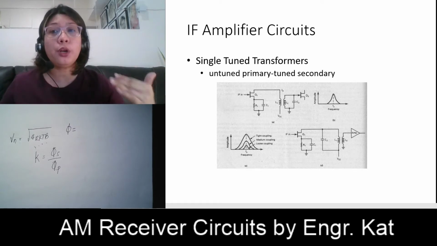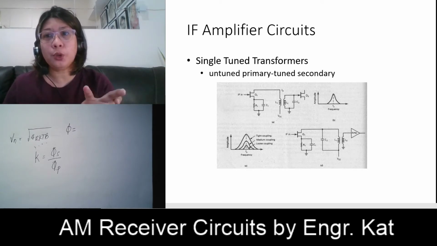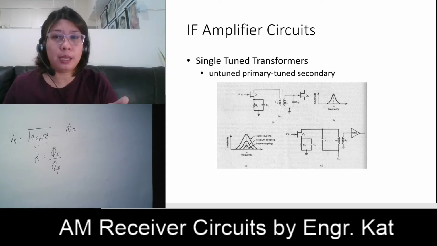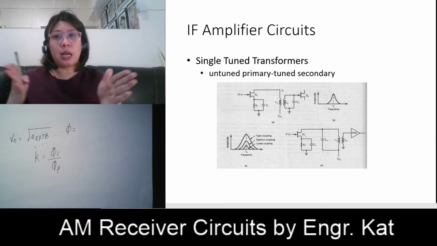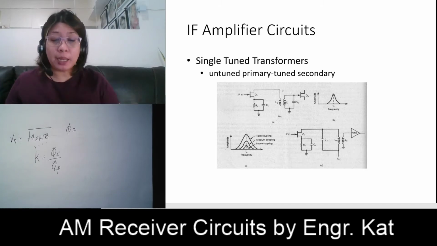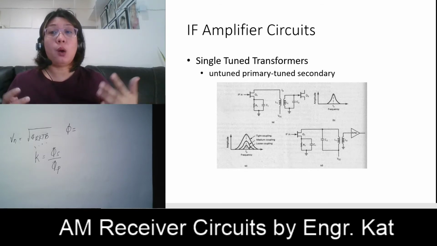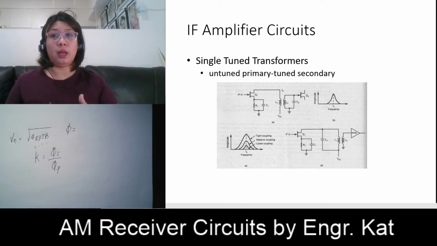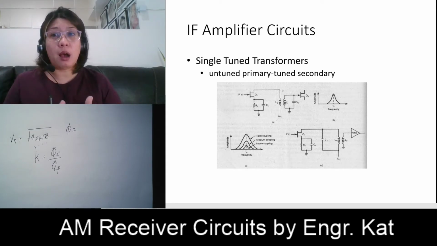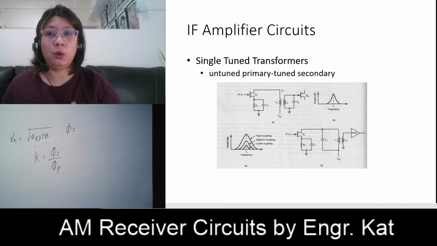So the lower the coefficient of coupling between the primary and secondary inductors, the narrower the bandwidth, but as you can see, the signal amplitude is the one to be sacrificed. So you have to choose: a higher amplitude but wider bandwidth, or a narrower bandwidth but lower amplitude.